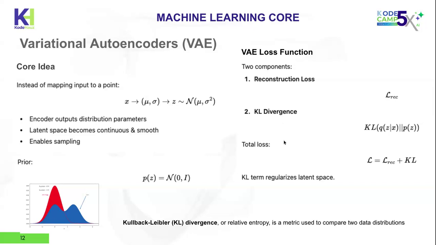KL means Kullback-Leibler. Those are the two guys that came up with that algorithm. It's basically an algorithm that allows you to calculate the difference between two probability distributions. Basically, you compare two data distributions and you can calculate the entropy, or relative entropy, between those two.